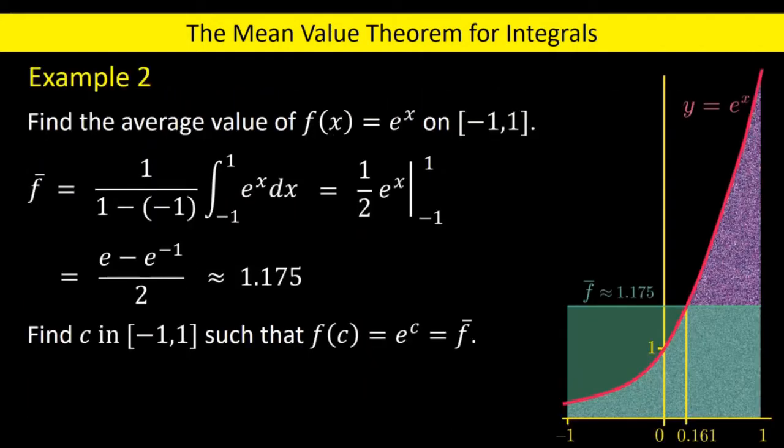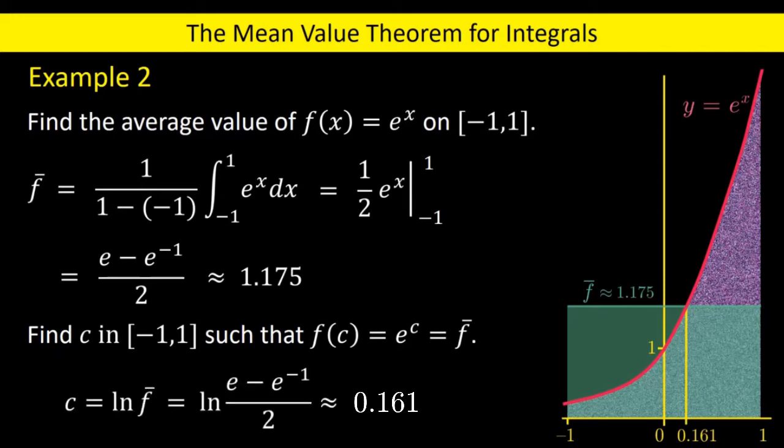Now let's go back to example 2, and we'll verify the theorem in this case. We've already found the average value of the exponential function on our interval. And this being a continuous function, we're saying there has to be a point c where the function value equals this average value in the interval.